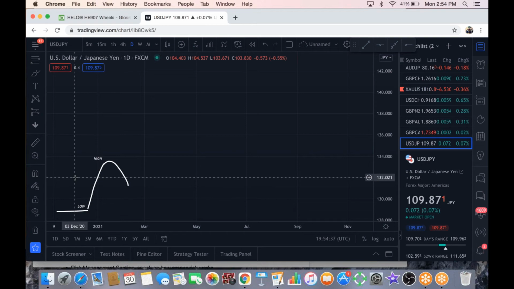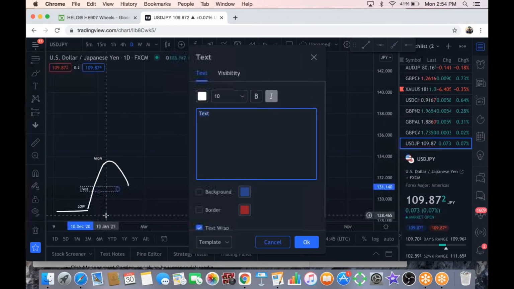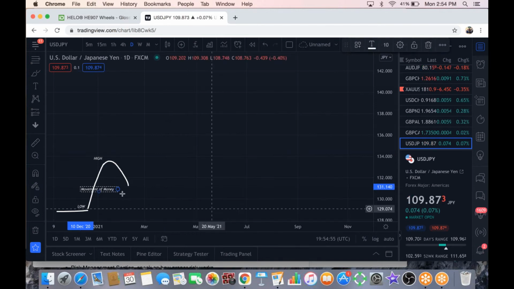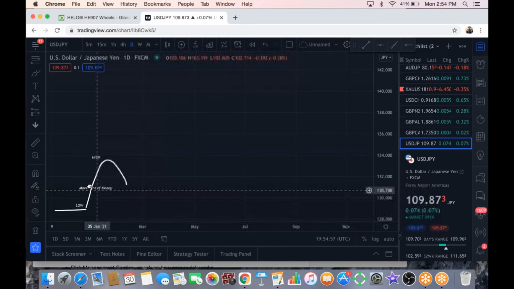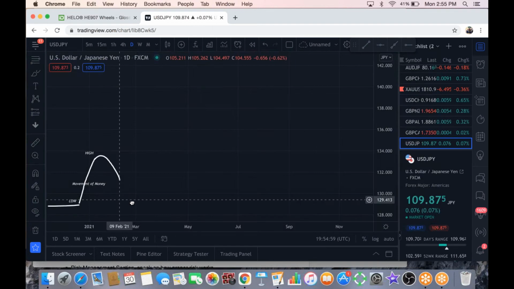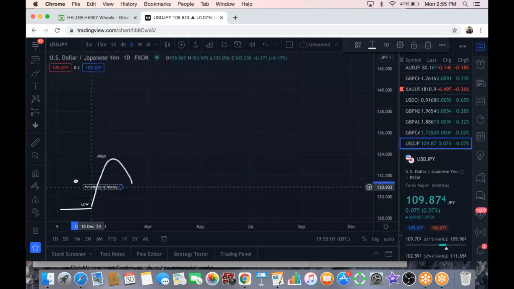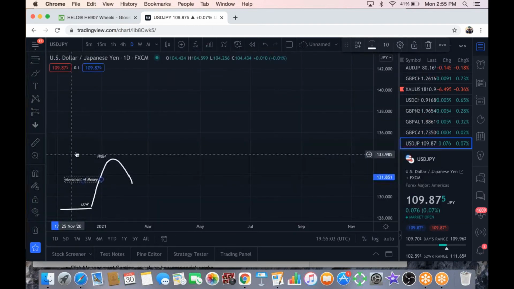So the language I want you guys to see here is movement of money. This is the movement of money that we want to see in the market right at this level right there.